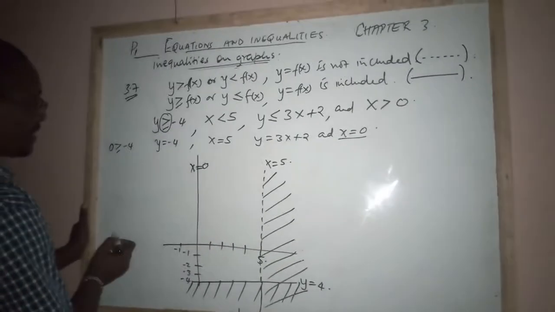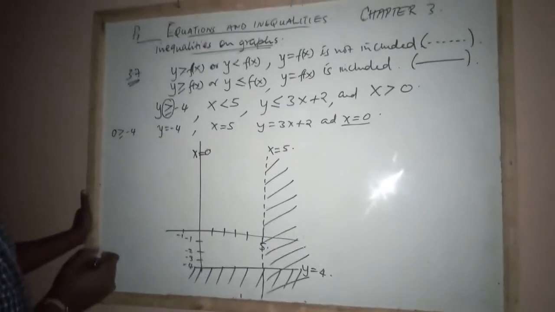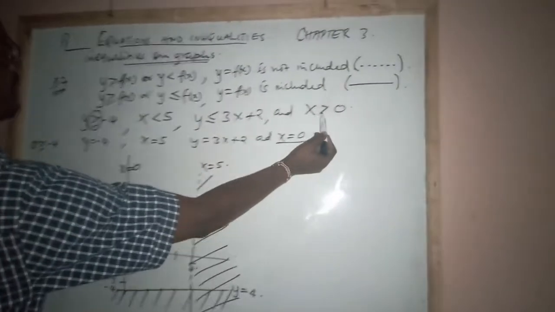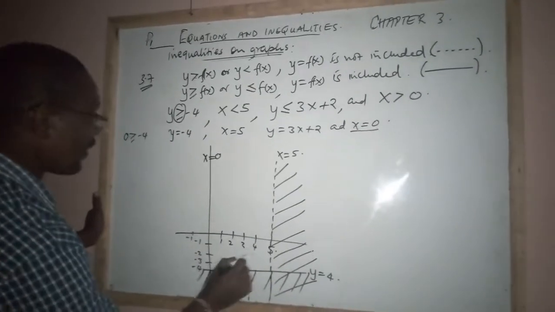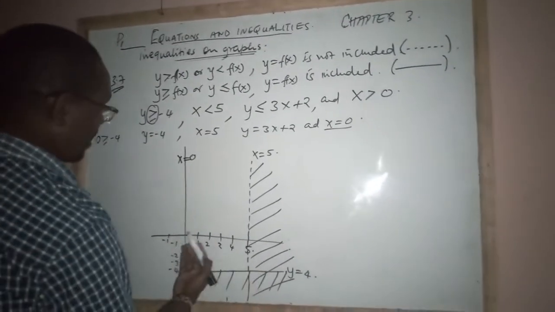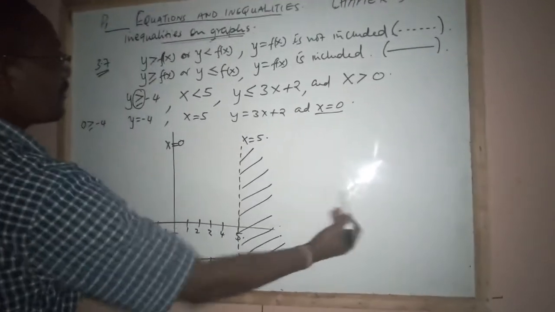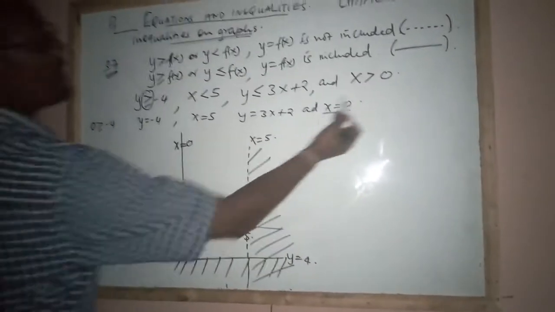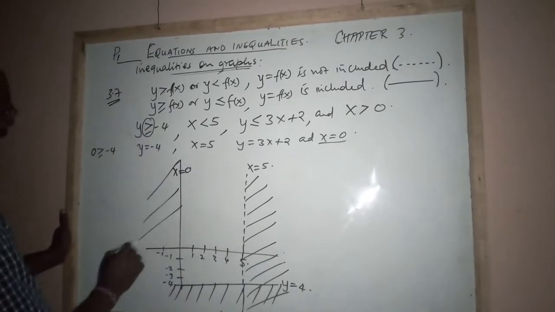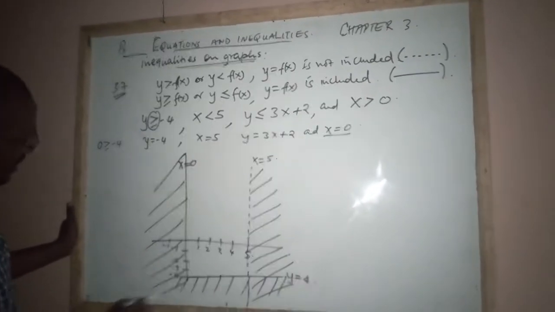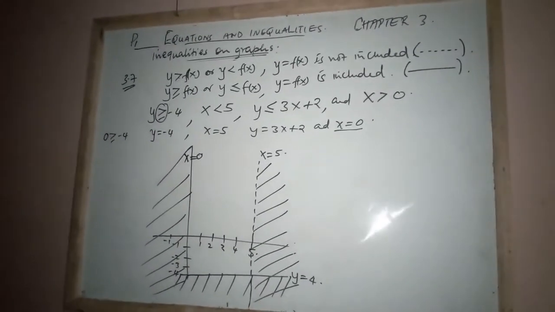Of course, those are not greater than 0. But because we want all the values of x greater than 0, then we can talk about 1, 2, 3, 4. All the positive values here make sense because 1 is greater than 0. So again, we shade the unwanted region.